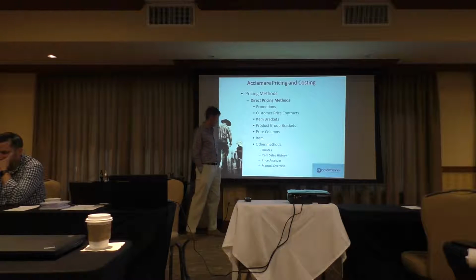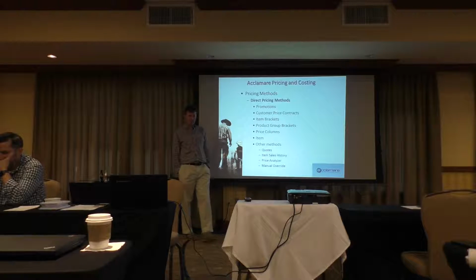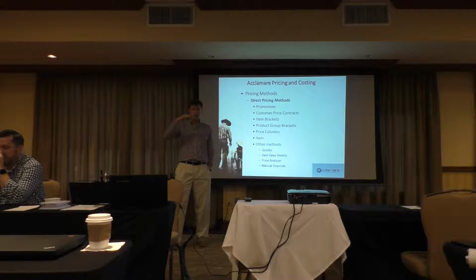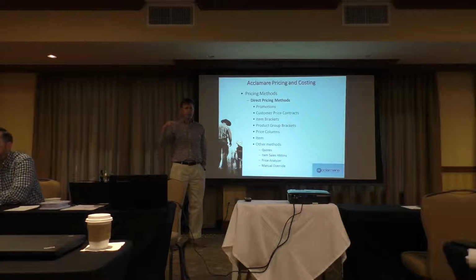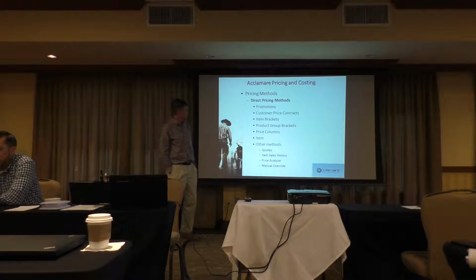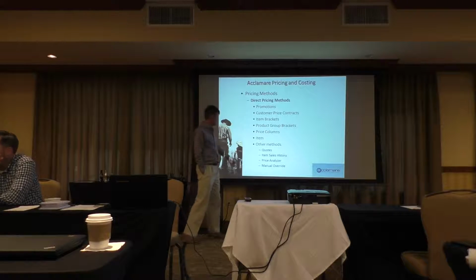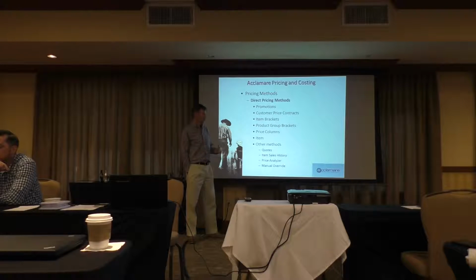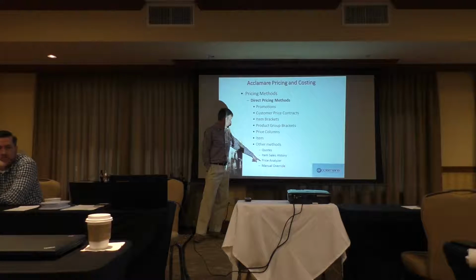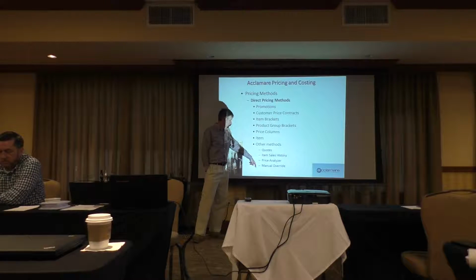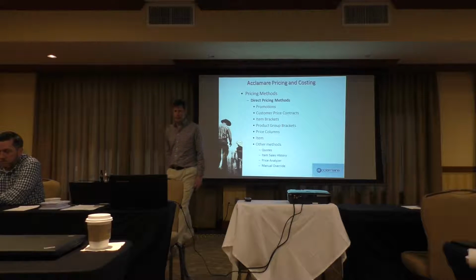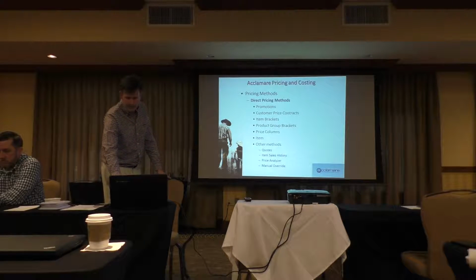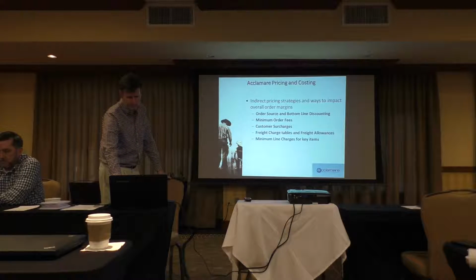Item sales history is the same kind of feature, where you can look at a customer's archive history, see what they've paid historically, and apply that price to the item as well. The price analyzer, I'll show you a little more when we look at sales order entry this afternoon. Of course, manual override is pretty straightforward, but there are some features to that we'll also look at.